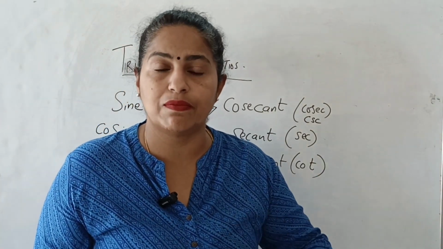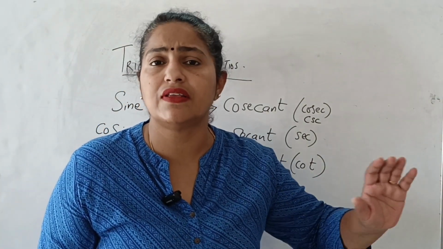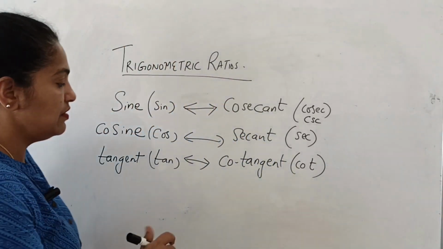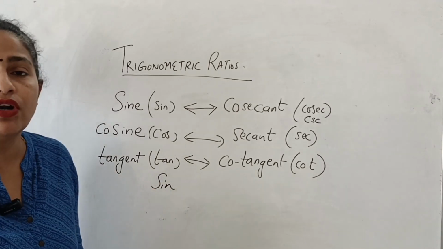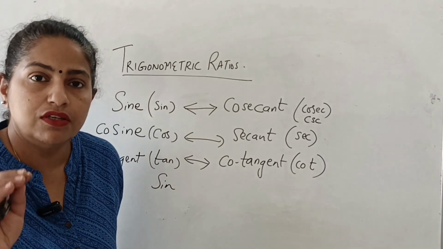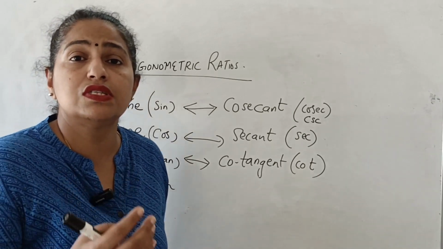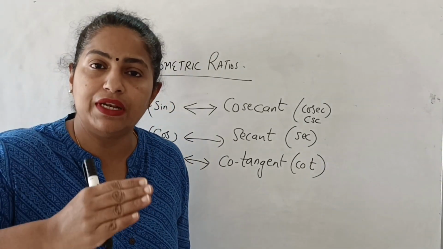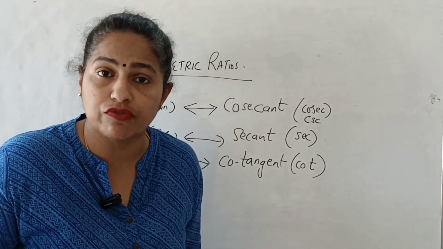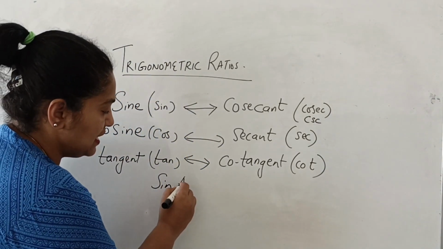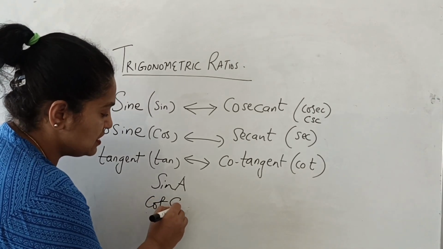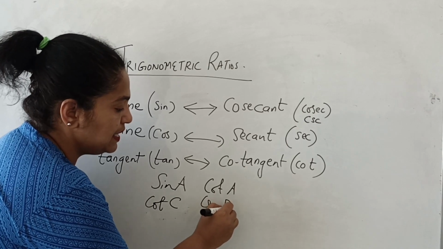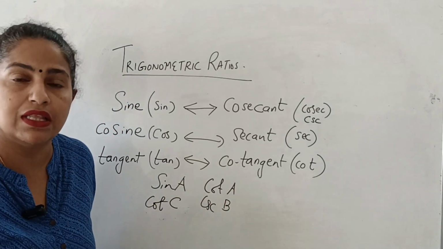Before I go on to explain what each ratio means as far as a right angle triangle is concerned, let me tell you that you do not write just sine. What is the sine? It is not like that. You mention the angle whose trigonometric ratio sine has to be found. So, always the trigonometric ratio is followed by the name of the angle. So, it has to be sine A, cot C, cot A, cosec B, depending upon how you are naming the angles.